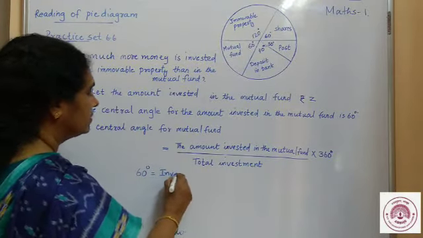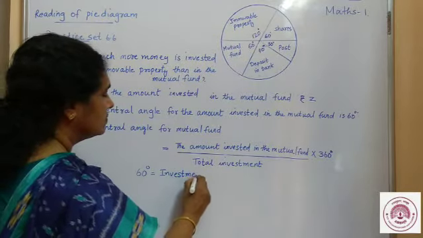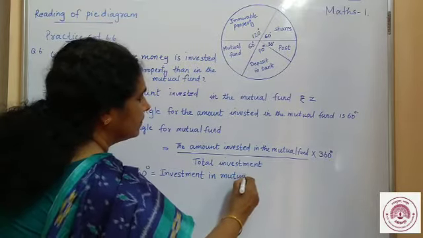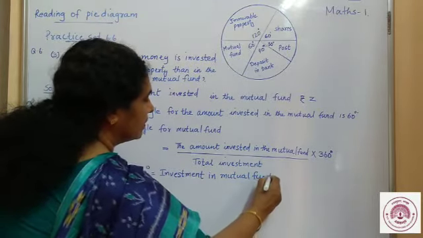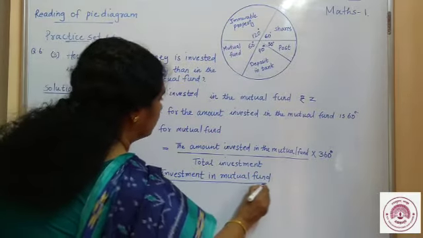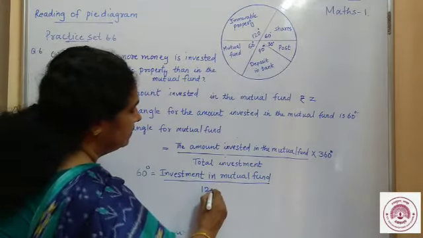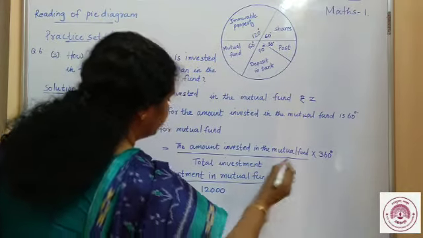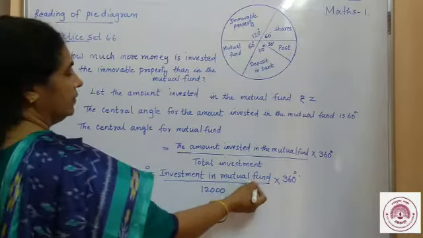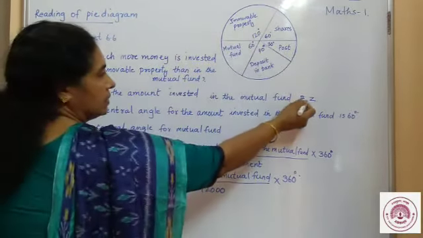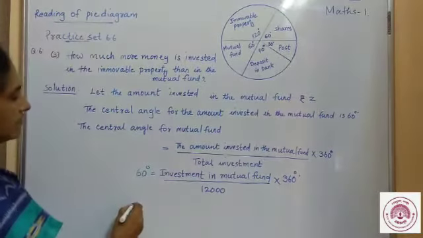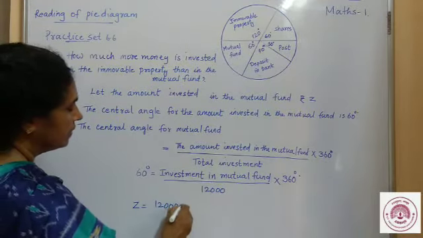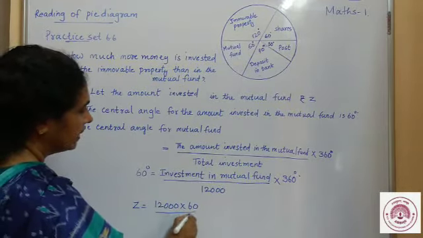upon total investment, rupees 12,000, into 360. Now, investment in mutual fund that we have taken is rupees Z. Therefore, Z is equal to 12,000 into 60 divided by 360.